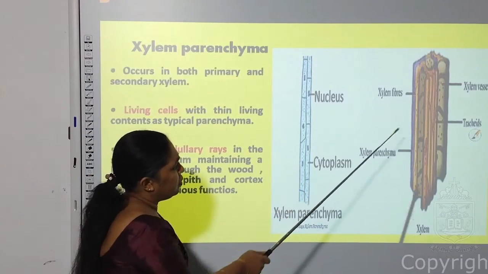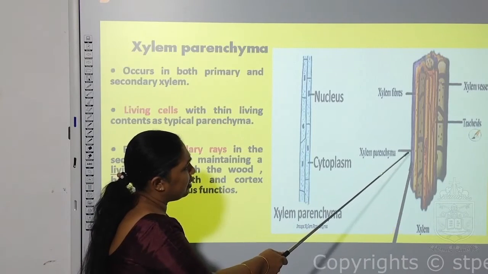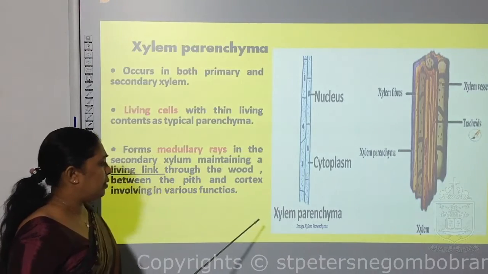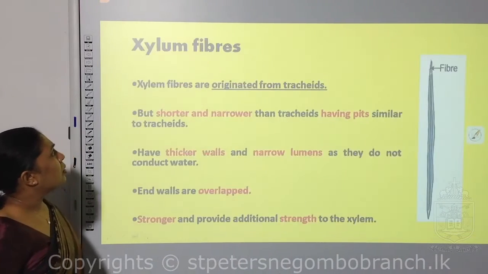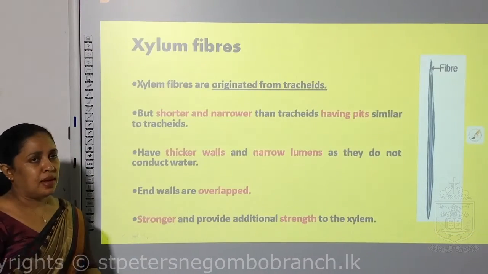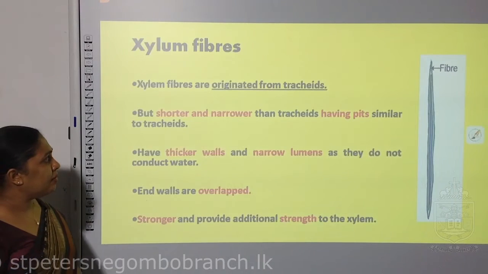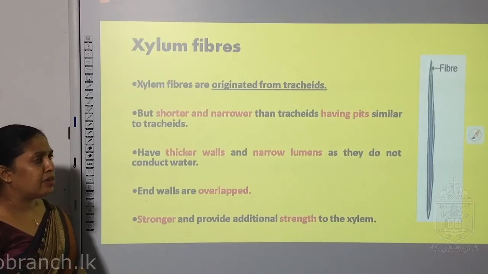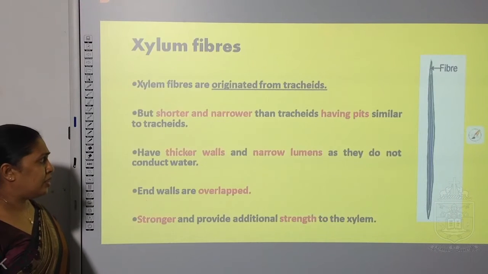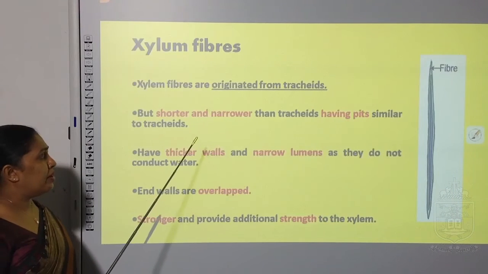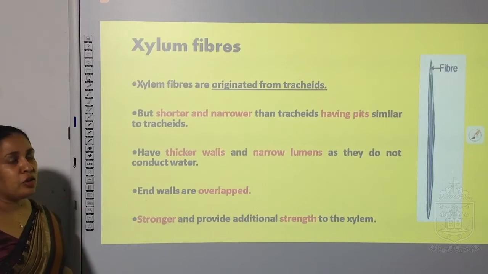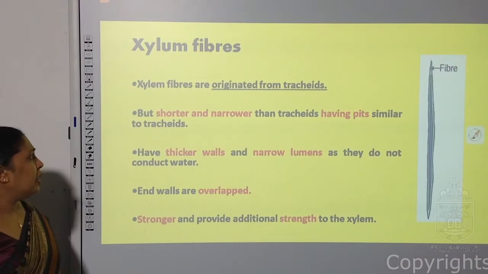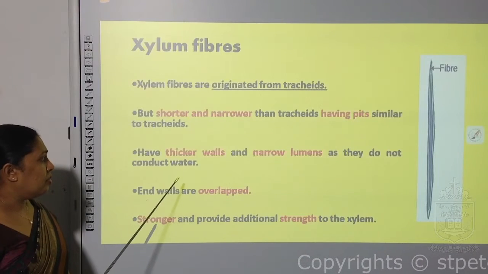In this diagram, they show how xylem parenchyma exists with other xylem vessels and tracheids. Xylem fibers are elongated because they originate from the usual tracheids, and they are shorter and narrower than usual tracheids, and they also have pits similar to the tracheids.